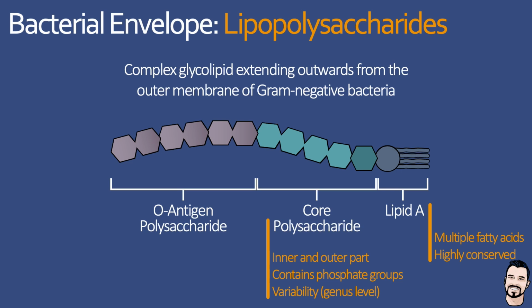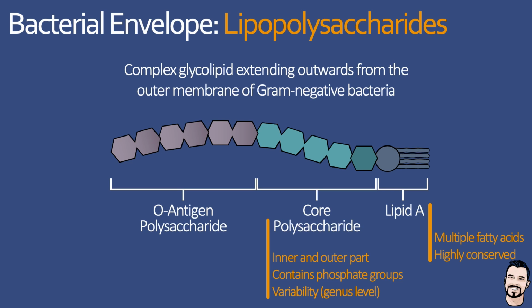However, they aren't your standard sugars like glucose and fructose. They are heptoses and others known as 3-deoxy-D-manno-oct-2-ulosonic acid, thankfully abbreviated to KDO, and this is attached to phosphate groups. Now, this part shows genus level variability, meaning its structure tends to differ between bacterial genera but remains fairly consistent within a genus.